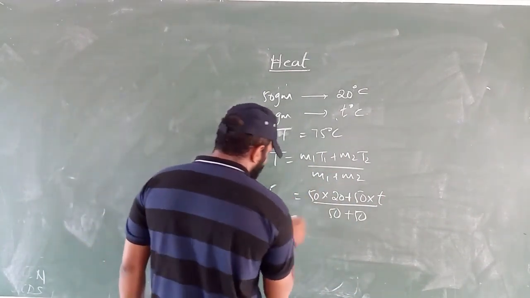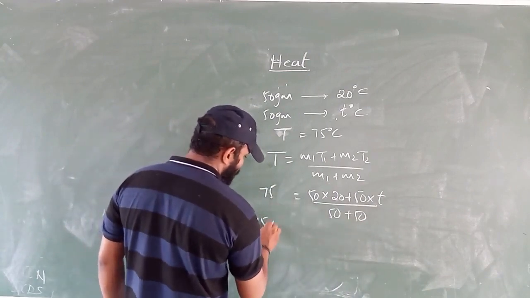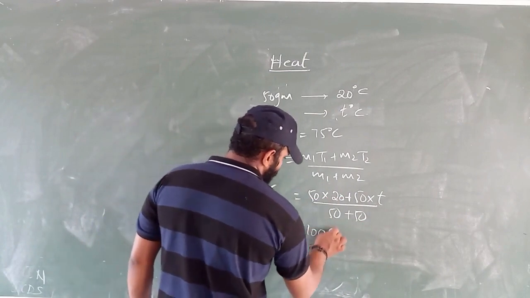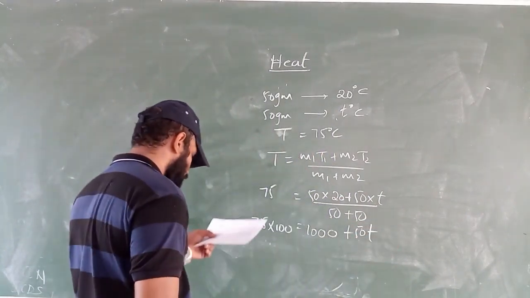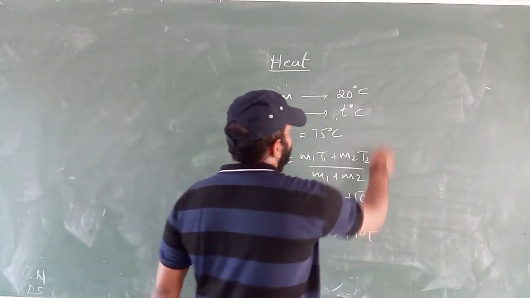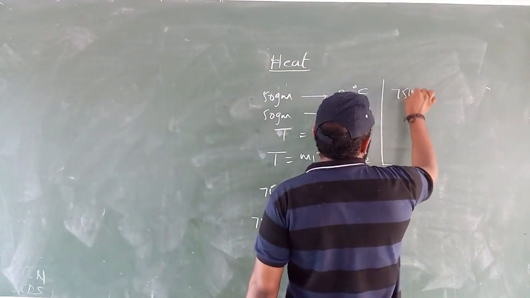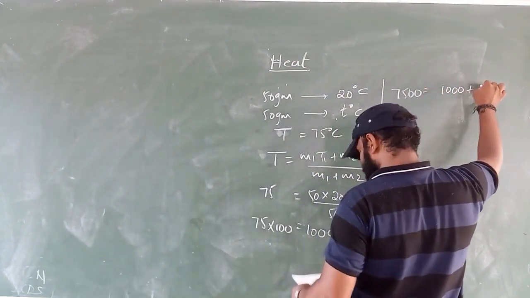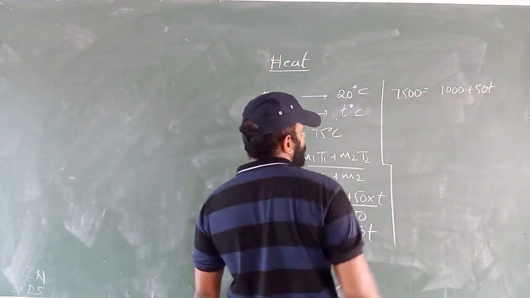Now 50 plus 50 is how much? 100. 100 into 75 is 7500. So 7500 is equal to 1000 plus 50 T. Bring this 1000 to the left side.